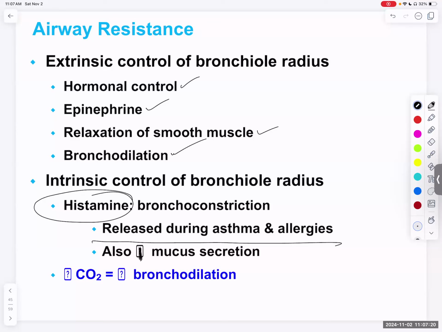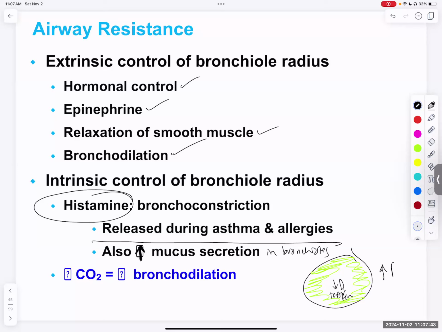Also, if there is pneumonia, or anything that increases mucus secretion in the bronchioles, right? So if you have a bronchiole, but you got a bunch of mucus, you've now decreased the diameter to airflow.